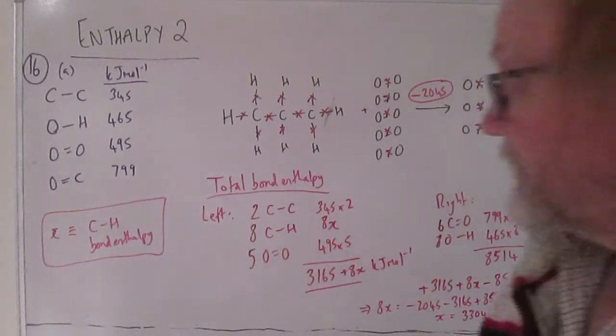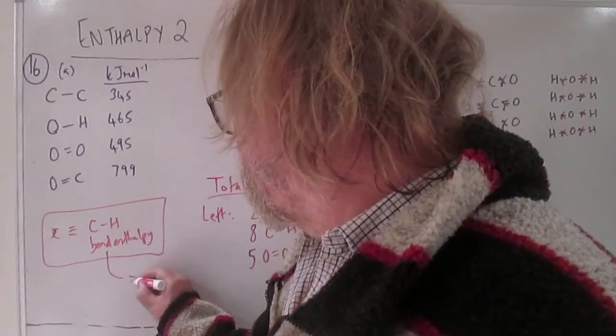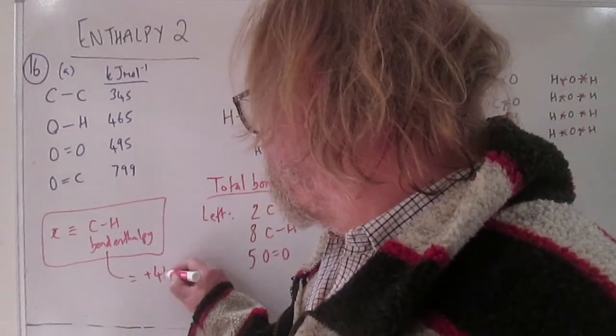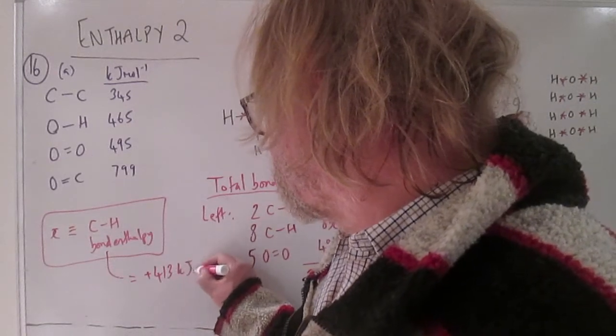Okay, so that's your answer, that the CH bond enthalpy equals plus 413 kilojoules per mole.